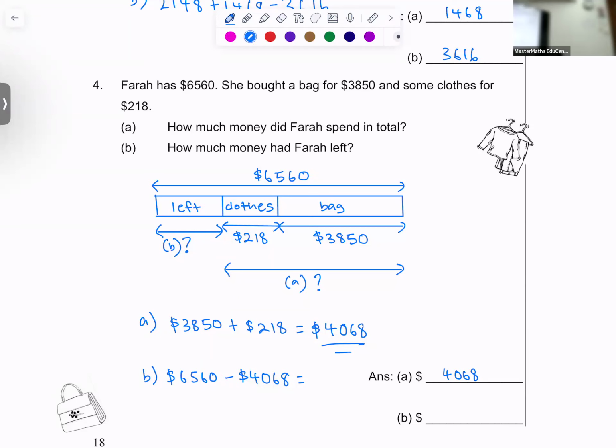So the smaller number, 6, can come back. Minus is coming backwards.